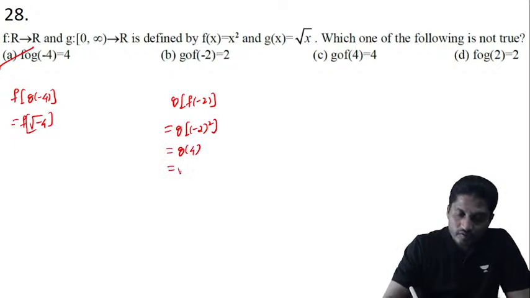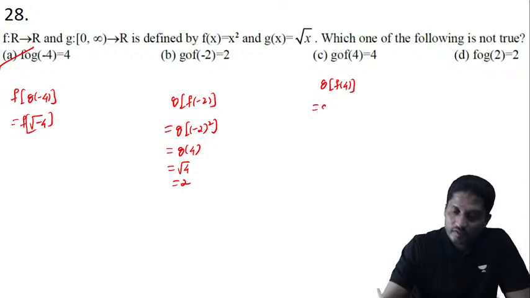G of 4 is equal to root 4, which is equal to 2. And g circle f of 4 is g of f of 4, which is g of 16, which is root of 16, equal to 4. Even this is true.